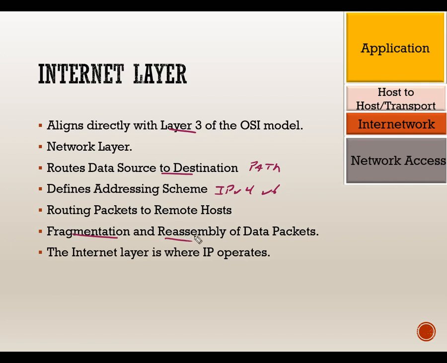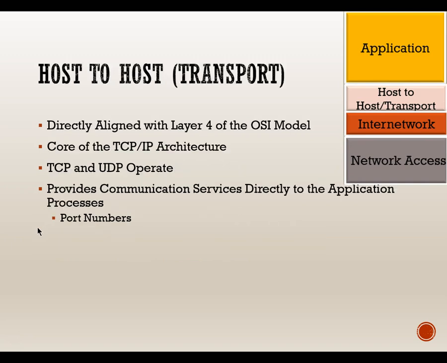So it can become a risky situation. We don't want to do that, but fragmentation can occur. The data packets can be fragmented at the internetwork layer. It's where IP operates, so we have IPv4 or IPv6, which are addresses that can change. We have temporary addresses, IP addresses, and permanent addresses, which are MAC addresses.